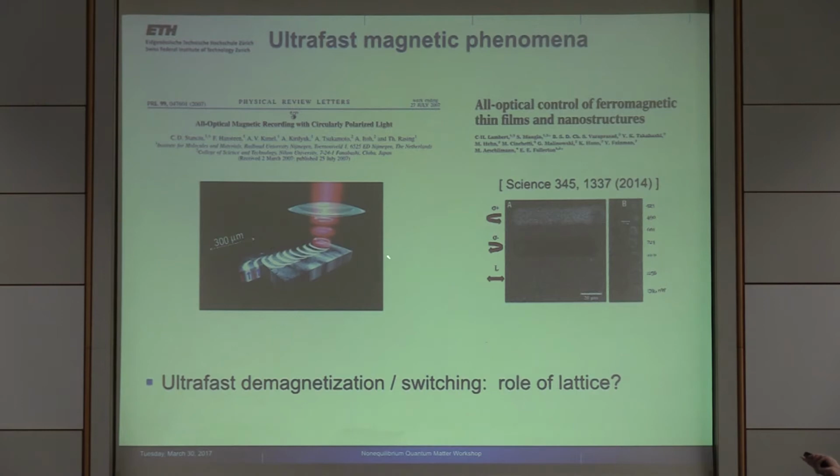But the basic idea is in both cases, you have some kind of material that has a spontaneous magnetic moment. And you are using light to switch between one domain orientation and another of the magnetization. And it's controlled essentially by the helicity of the light under a certain relevant parameter range.